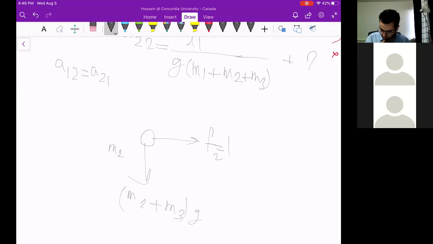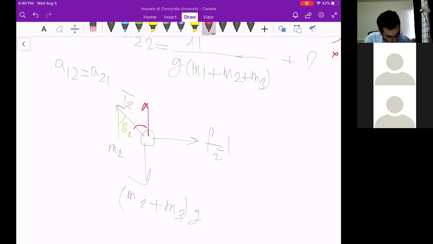There is a T force, let's call it T2, and this is theta 2.